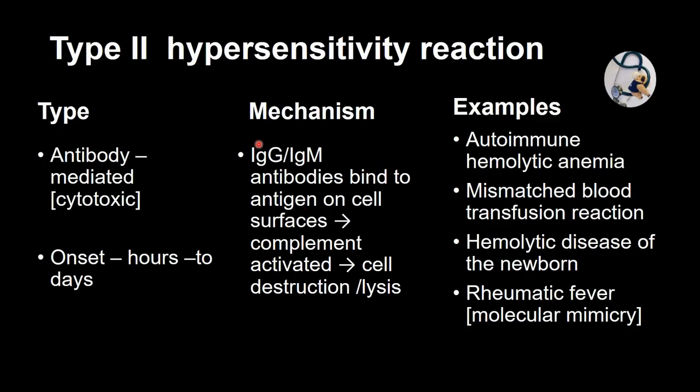Now, type 2 hypersensitivity reaction. This is antibody mediated cytotoxic hypersensitivity reaction, which occurs in hours to days, and the main mechanism is antibodies, that is IgG, IgM, that bind to the antigen present on the cell surface, and then activate the complement pathway and lead to cell destruction or lysis.